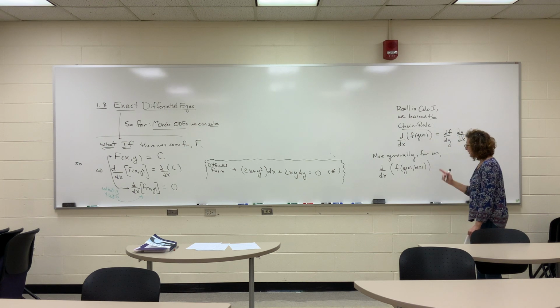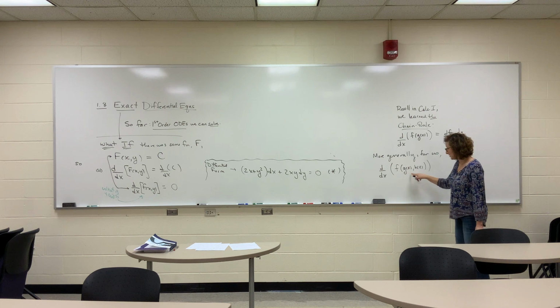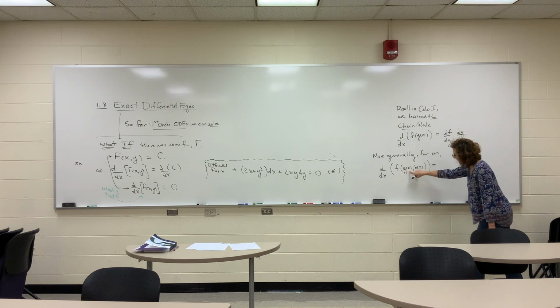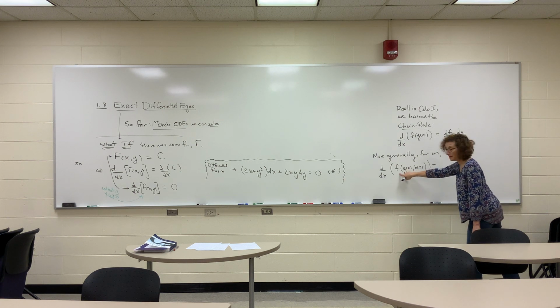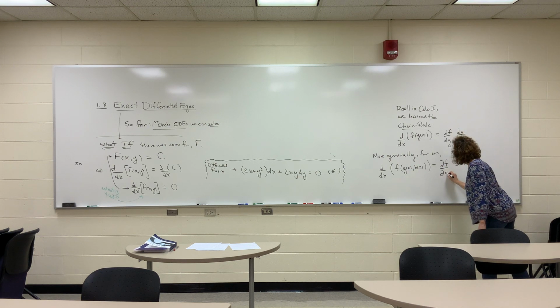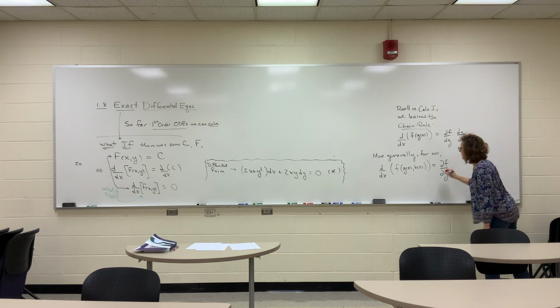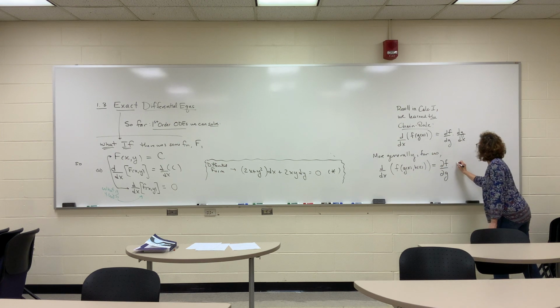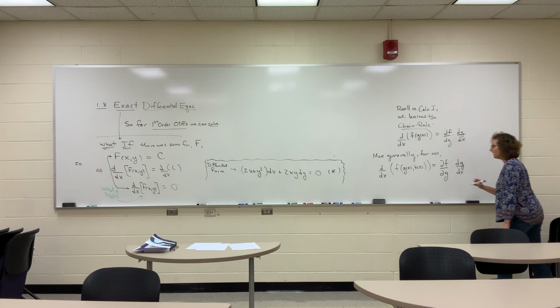Now f depends on two things, so the chain rule says I have to take a partial derivative. The partial derivative of f with respect to the first guy, g, times the derivative of g, which is a function of a single variable, so times the ordinary derivative of g with respect to x.